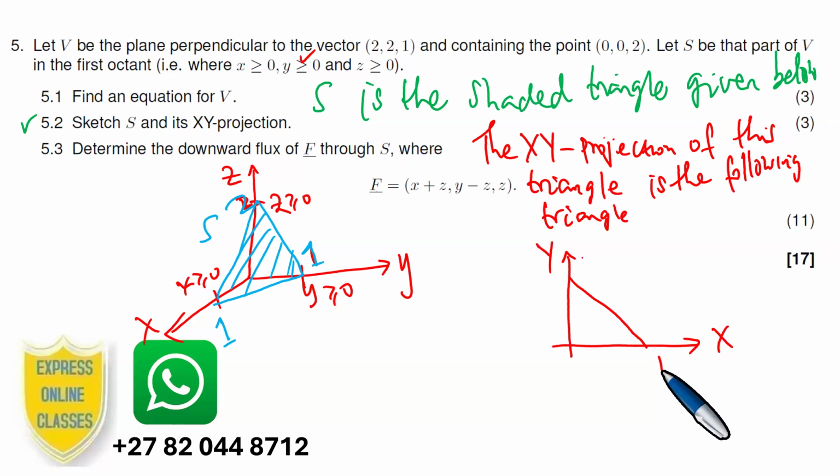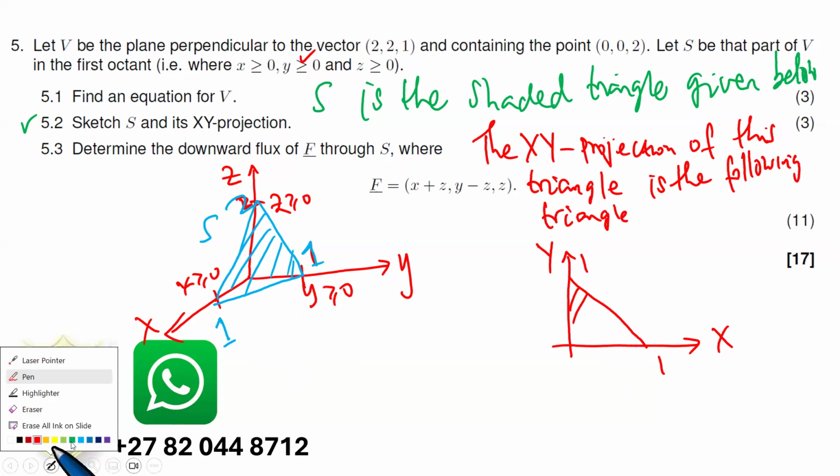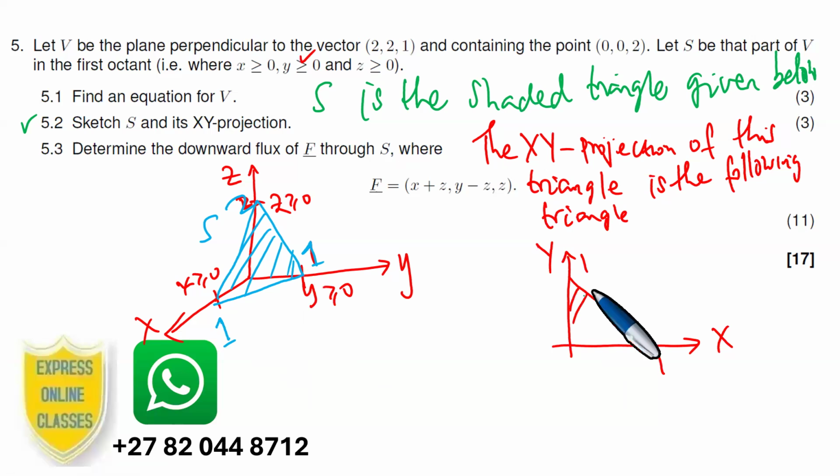Now you're looking at what happens here. On the XY plane, you can see that X is cutting at 1 and Y at 1, and therefore this is the projection. This becomes the XY projection. So the XY projection of this triangle is the following triangle, because if you only take what is happening in the XY plane, this is what you're going to get.